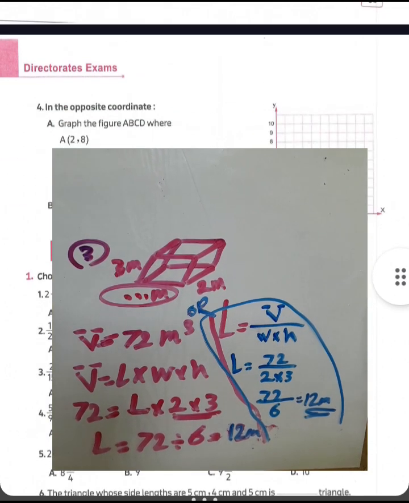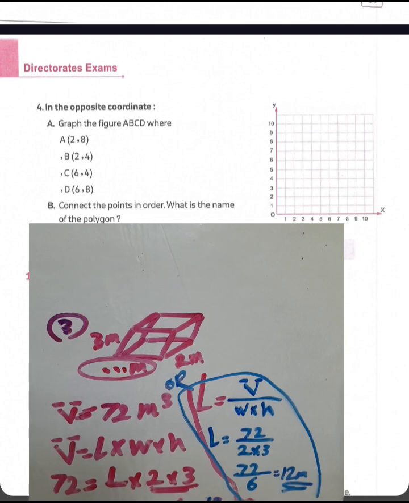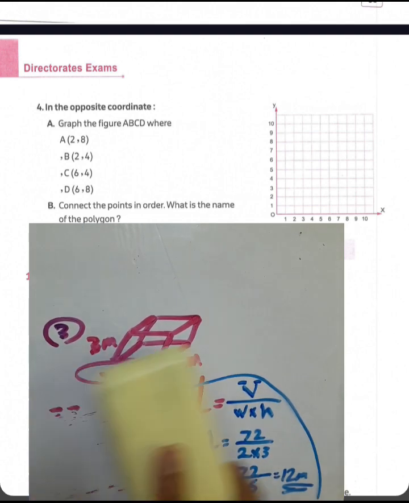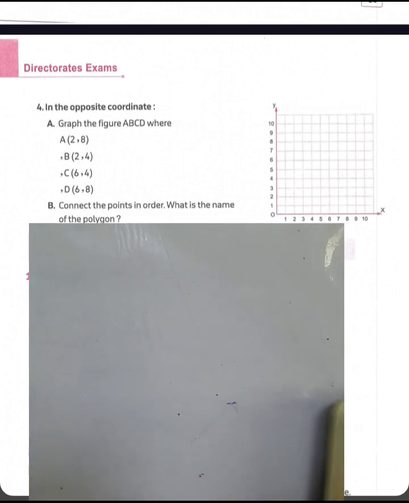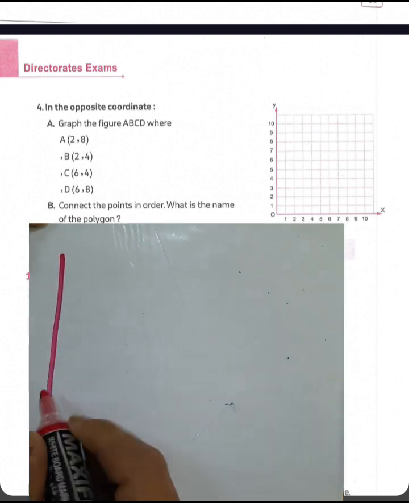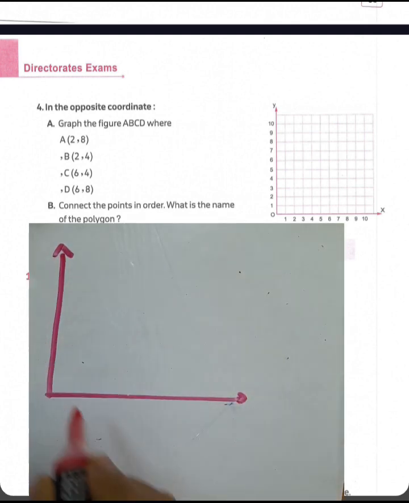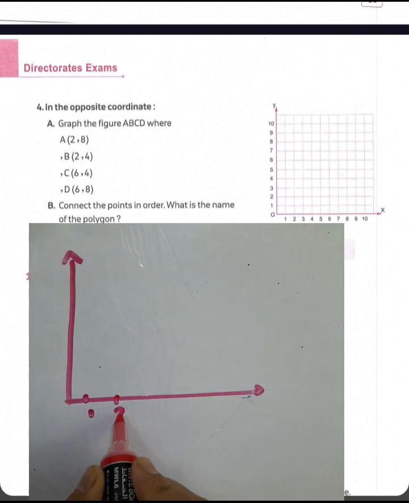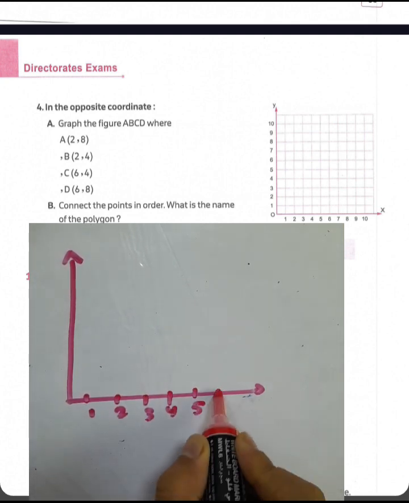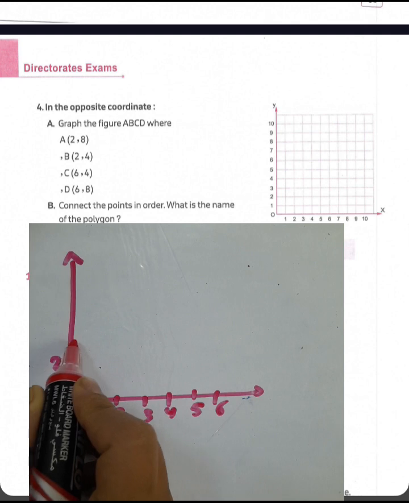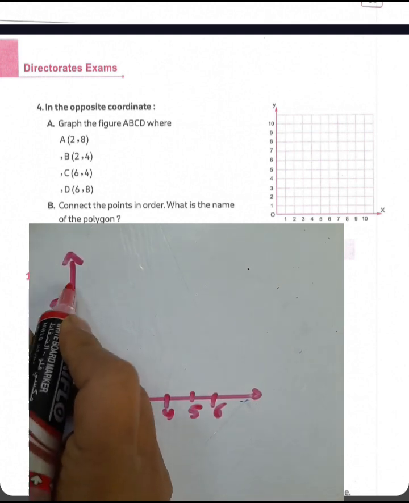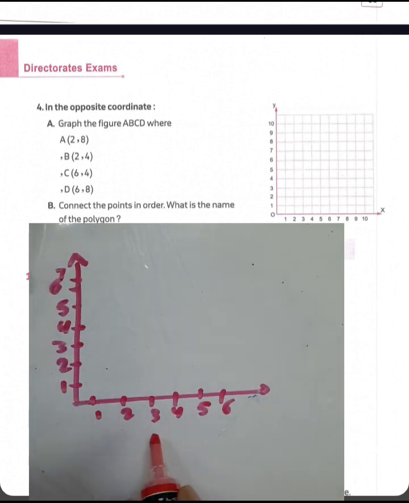Question number 4. Graph the figure ABCD, where we have points. We have the coordinates 1 to 7.